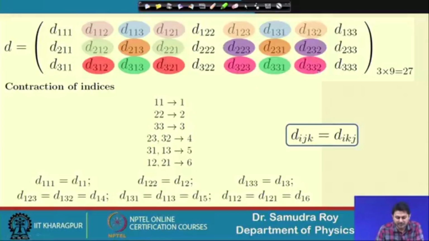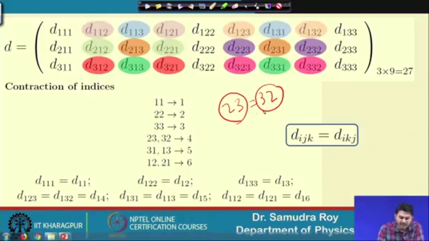Once we have these similar terms, we are not going to write all these things once again, because this is called the contraction of indices. Because if 2 3 is equal to 3 2, we will not write these every time. Instead, we will write something different, and here this different thing is 4.